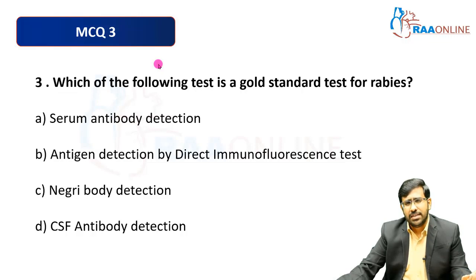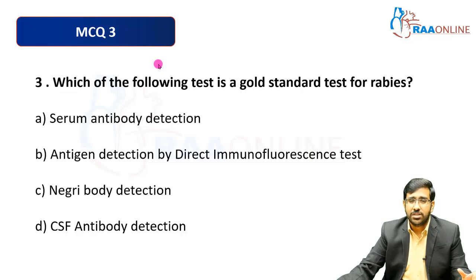Negri body detection: yes, Negri body is seen in rabies infection, but this detection is not a gold standard test. It is a pathognomonic body seen in this infection but not a gold standard test. CSF antibody again is not a gold standard test. The gold standard test is detection of antigen by direct immunofluorescence test.